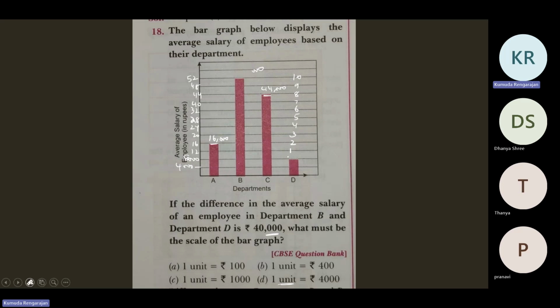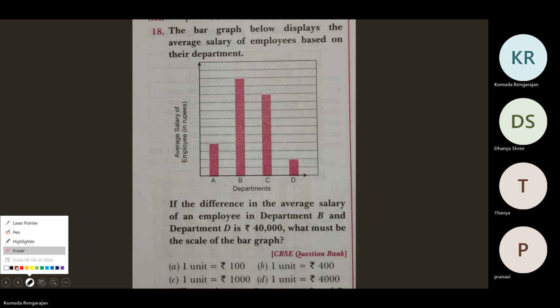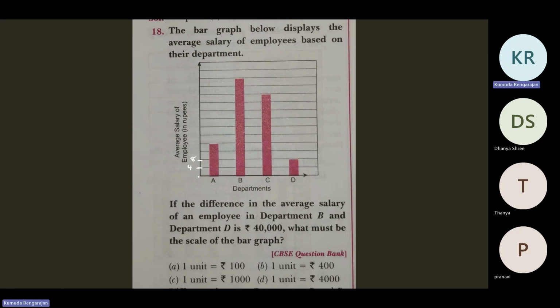Oh, 1 minute. 4,000. This is 0, children. This is 0. 4, 8. This one is 12. This one is 16. This one is 20. This one is 24. This one is 28. This one is 32. This one is 36. This one is 40. This one is 44. And this one is 48. I had just messed it up while writing, children. Sorry. Okay, so this one is 48, children.